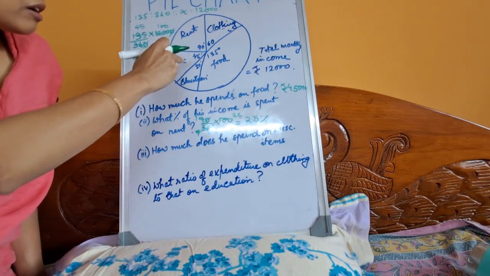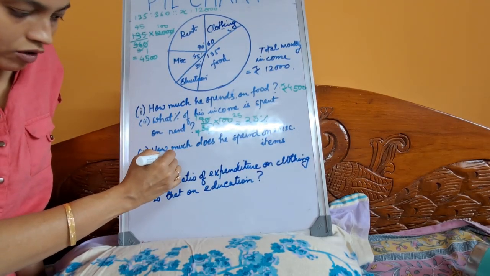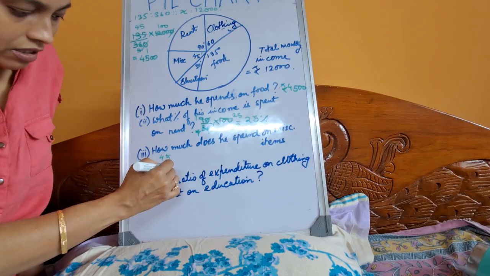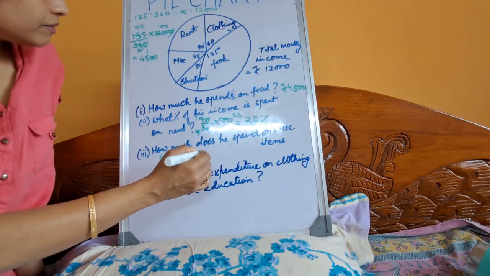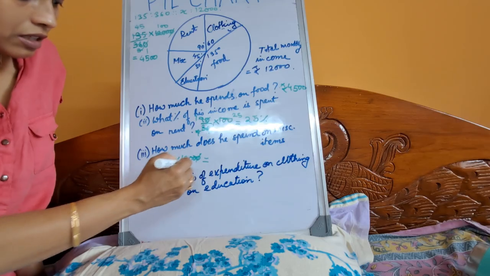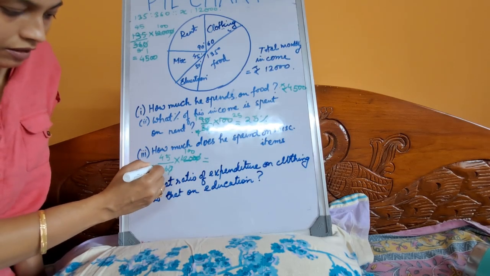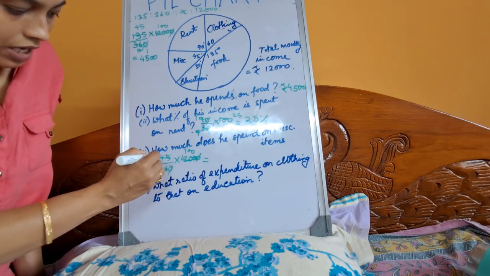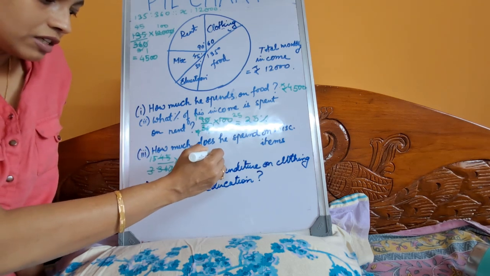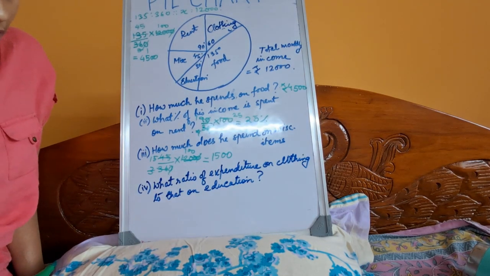Same thing, 45 by 360 into 12,000, right? Cut the zeros, this goes by 100, this goes by 3, 4 threes are 12, 3 and 45, 15, so rupees 1500 on miscellaneous.